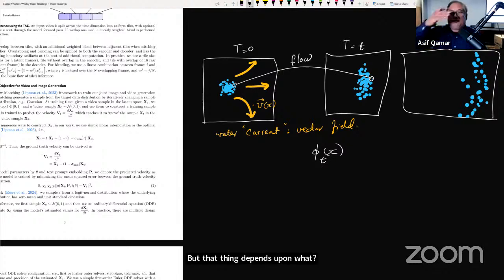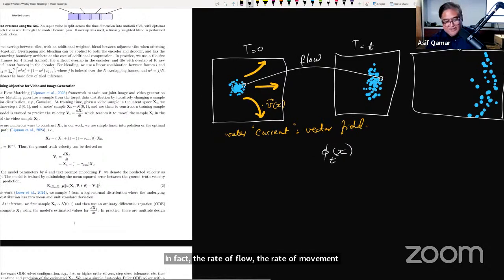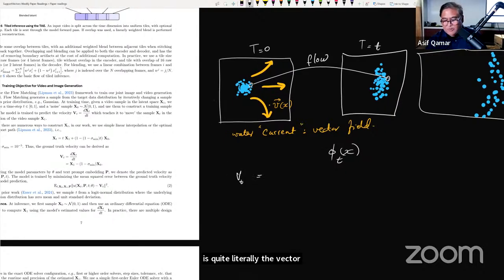In fact, the rate of movement is quite literally the vector field. In other words, your vector field is quite literally the movement of this point over time, dx/dt. It is quite literally this. Does it make sense?